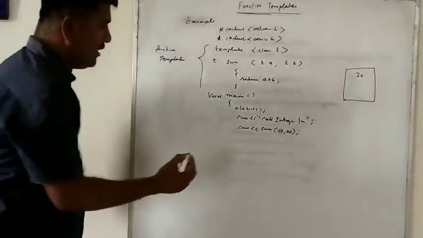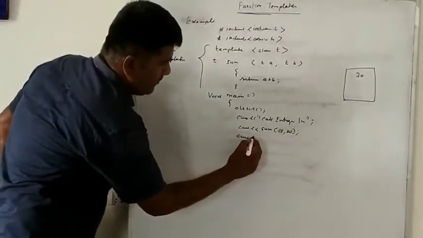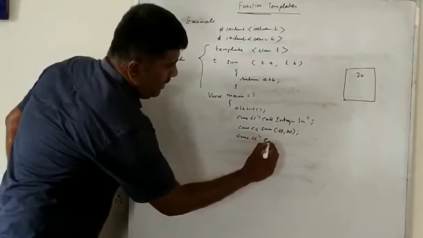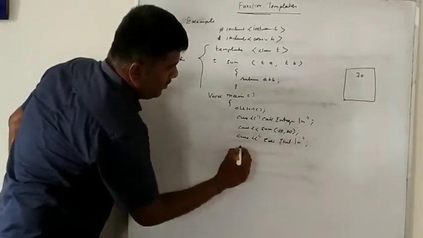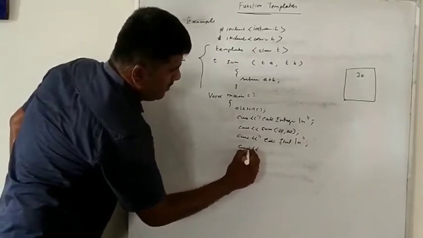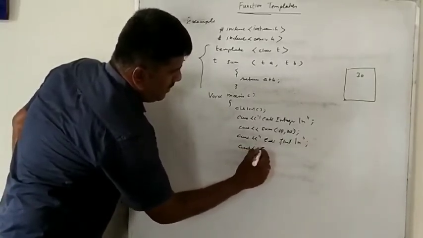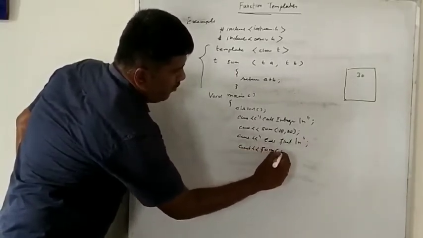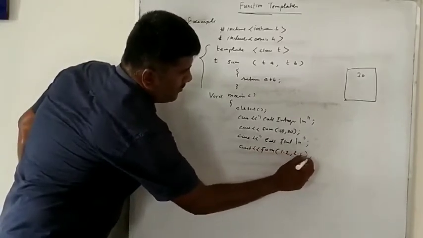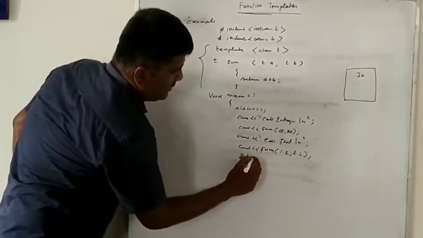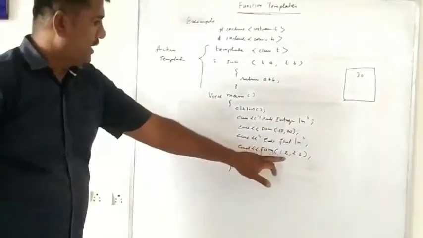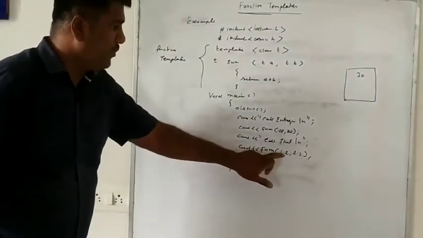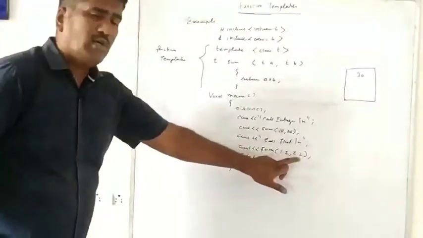Suppose now we are using float. Call float, so cout sum of 1.2, 2.2. 1.2 is a float and 2.2 is a float.